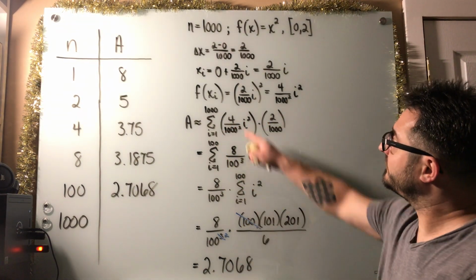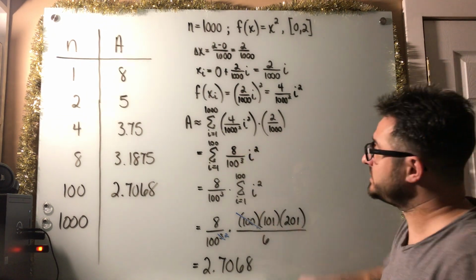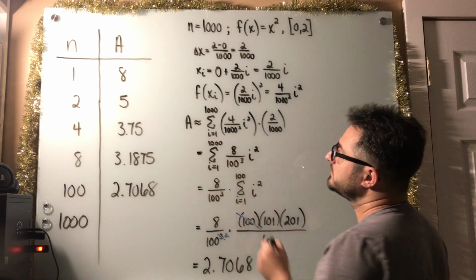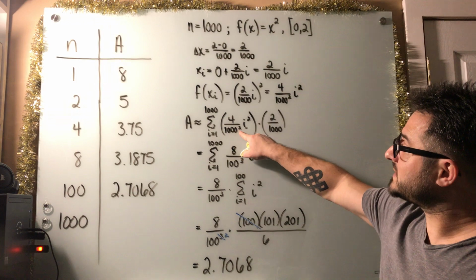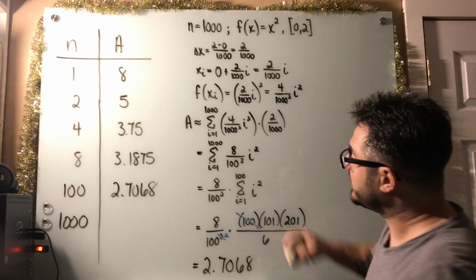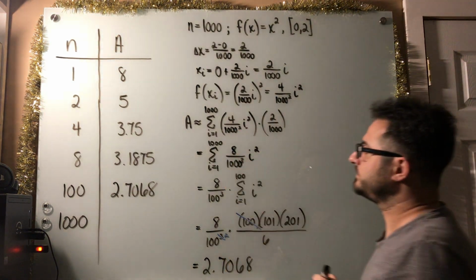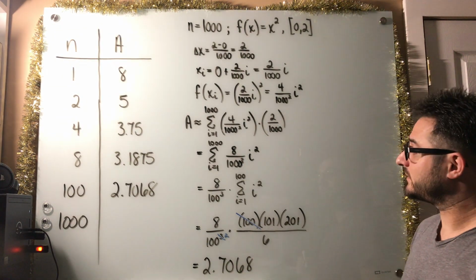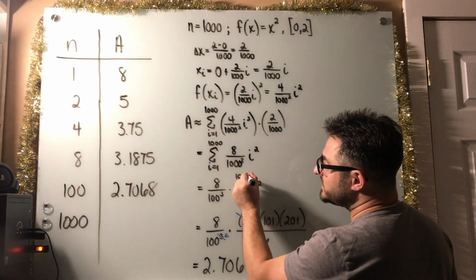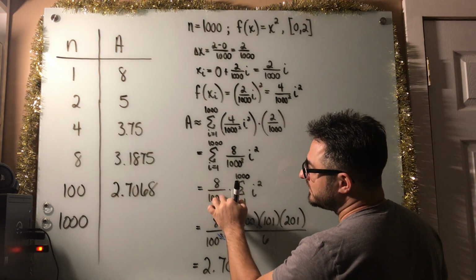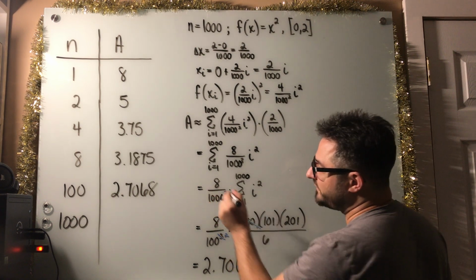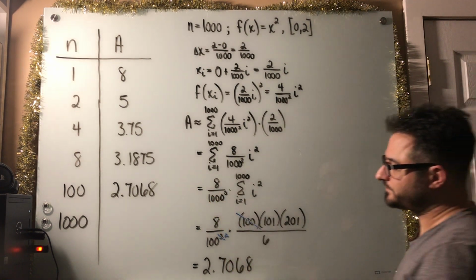So once again, we get 4 times 2 is 8, no change. But 1,000 squared times a third will give us 1,000 cubed. Still times I squared. So the only thing that's changing here are these few values.